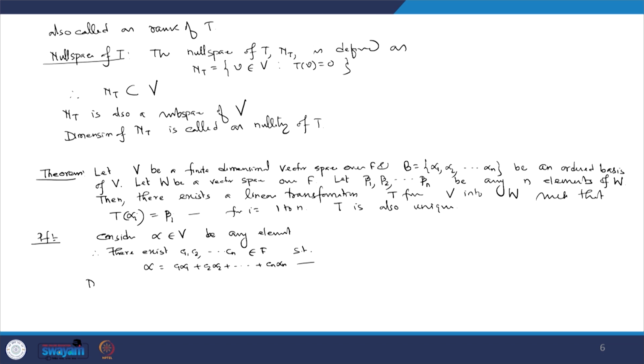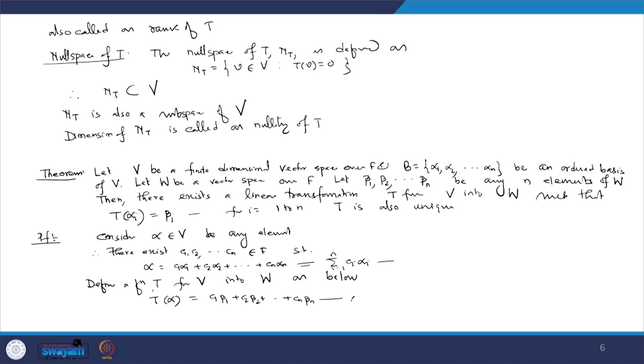Now, define a function, say T, from V into W as below. T of alpha, where alpha is the sum of Ci alpha i for i equal to 1 to n, I am defining as C1 beta 1 plus C2 beta 2 plus ... plus Cn beta n.